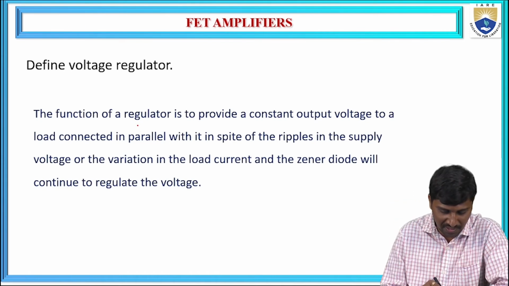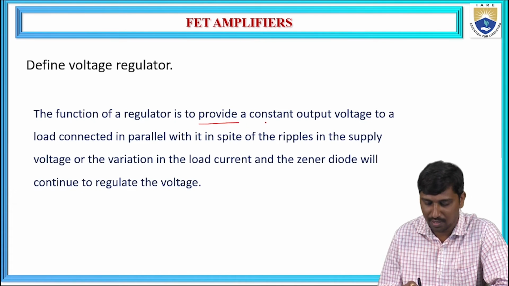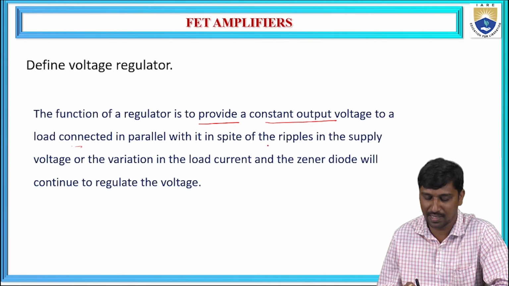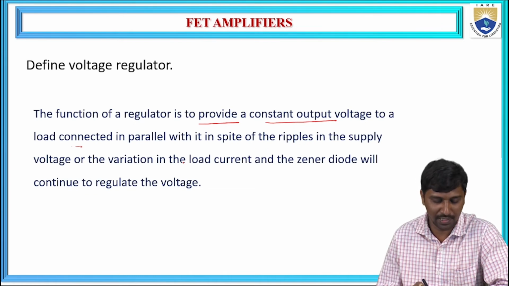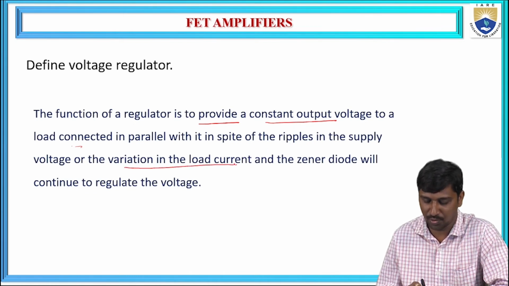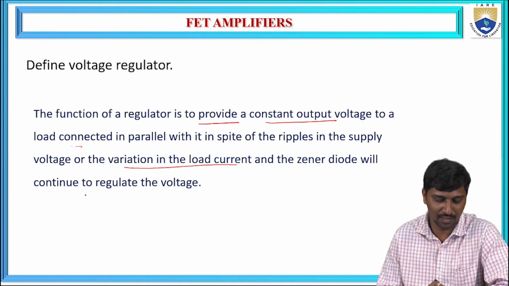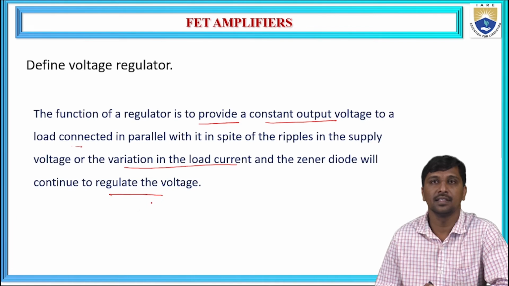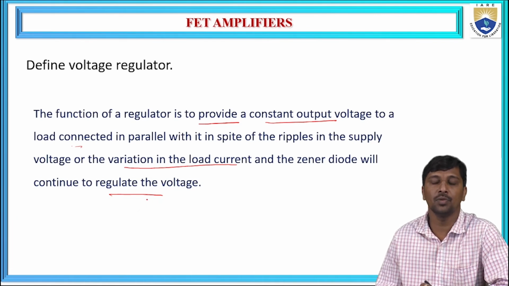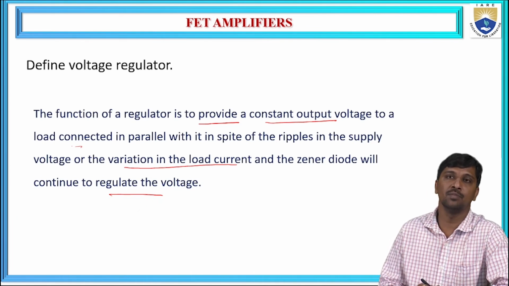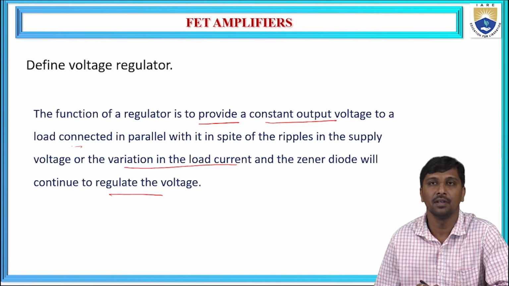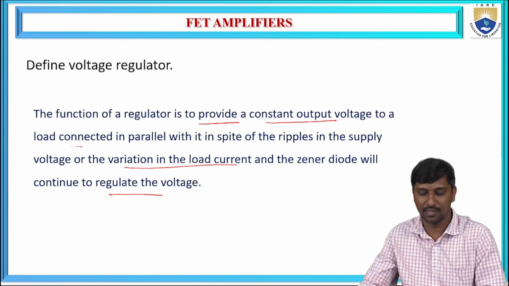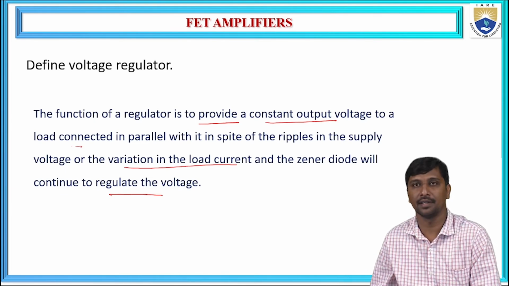The function of the regulator is to provide a constant output voltage to a load connected in parallel, in spite of the ripples in the supply voltage or the variation in the load current, and the zener diode will continue to regulate the voltage. So irrespective of changes either in the input source or the load side, we need to maintain a stabilized output voltage, and that is called a voltage regulator.